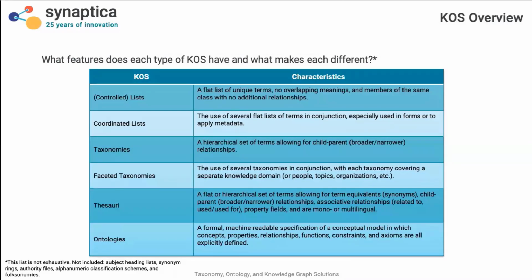Going down the list, knowledge organization systems get more structurally complex, adding hierarchy in the case of taxonomies and thesauri, and other data attributes. And finally, the most complex knowledge organization systems are ontologies, which are formal vocabularies that can be ingested by multiple systems. Note that this is not an exhaustive list of vocabularies, but it represents the types we work with most often in our use cases.